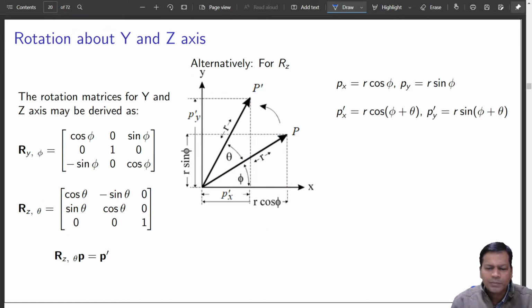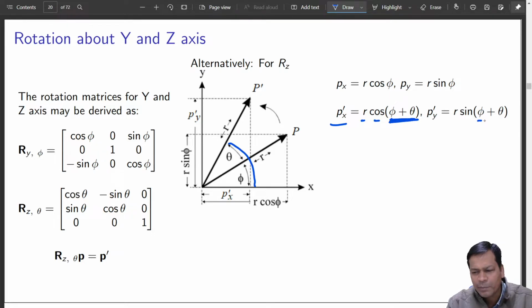Now let me see if I can express that once again. So px dash is equal to r cos of this plus this, is it not? Theta plus phi. So this is again by projection. So this is your new coordinate. This is the point. So this is py dash, this is px dash. Correct? So this is your new point.